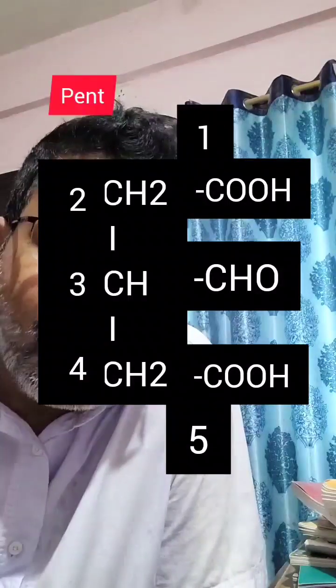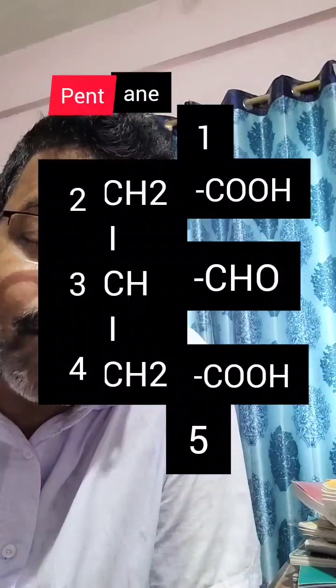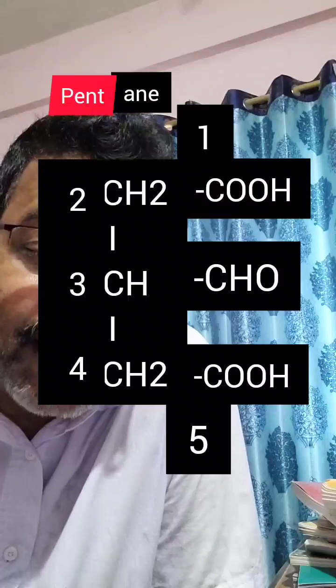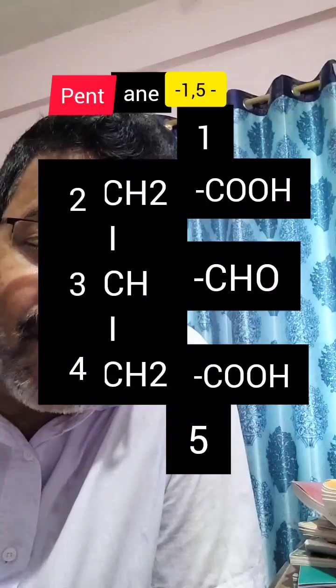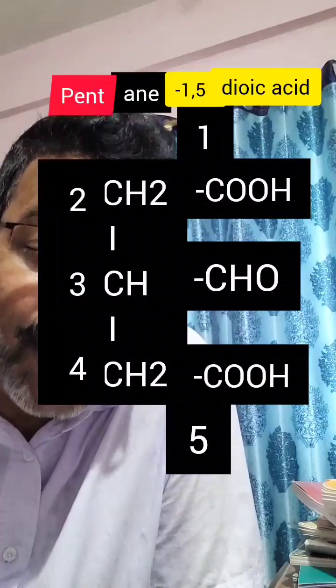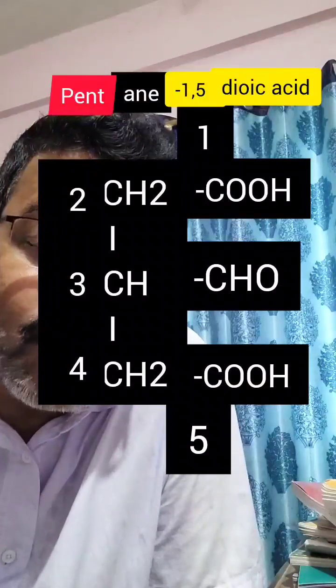Here we will write formyl as the secondary prefix for the CHO group, and the IUPAC name is pent for 5 carbon atoms, 1, 2, 3, 4, 5. Then for single bonds between carbon-carbon, we write ane, pentane, then hyphen 1,5 hyphen dioic acid. Here E should not be removed: pentane-1,5-dioic acid.